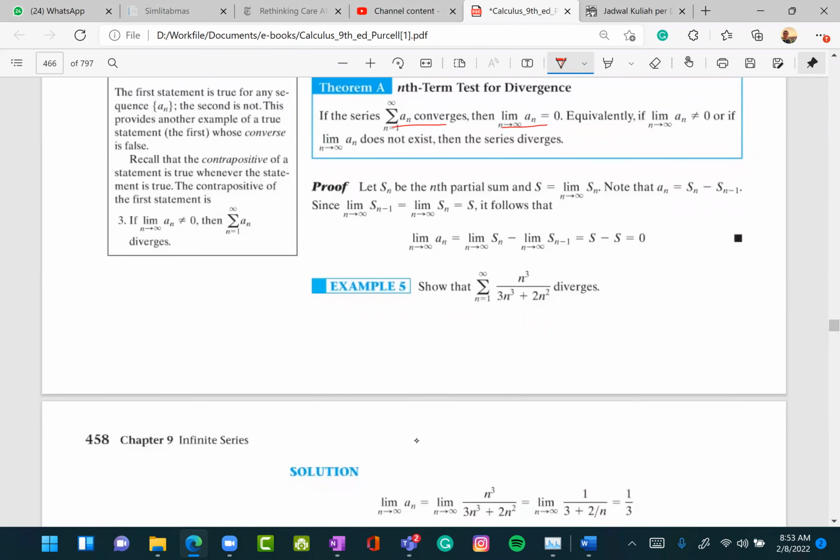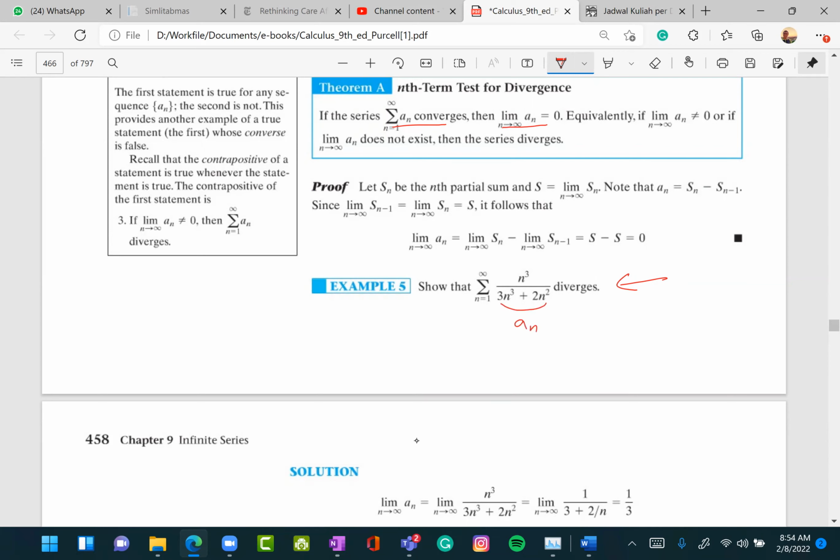All right, this example. Can you see this one? The sigma of this polynomial over polynomial. So the numerator is n cubed, the denominator is 3n cubed plus 2n squared. Okay, so this is our an.